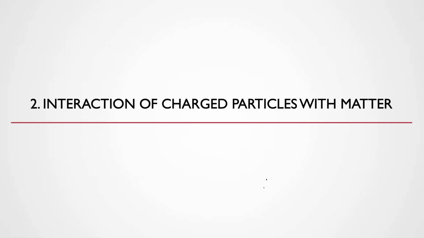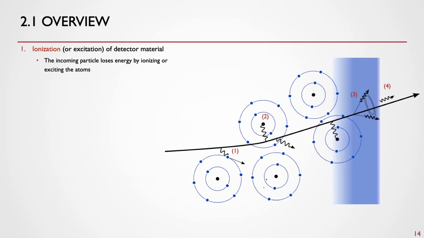Now, let's talk about the interaction of charged particles with matter in a little bit organized fashion. So when we now imagine a charged particle going through a material, there are several interactions that can take place.